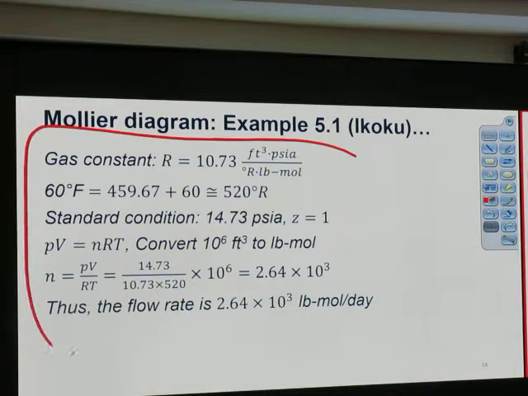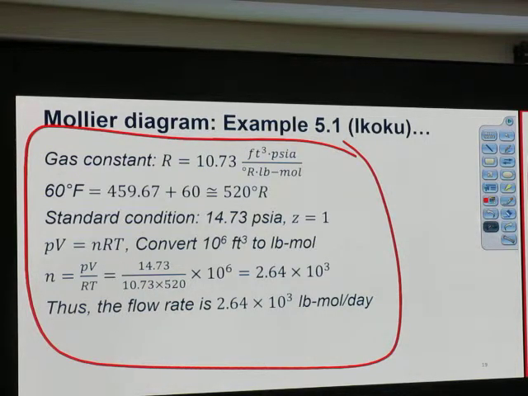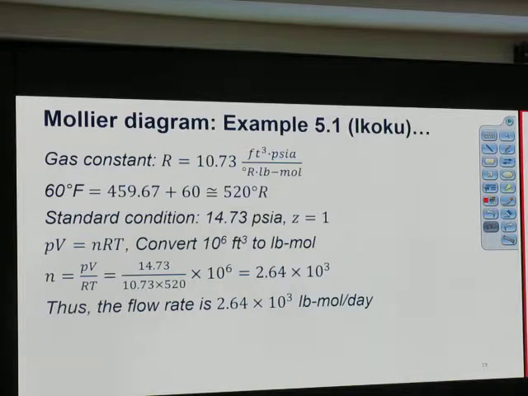This part is about how to do the conversion from flow rate, million standard cubic foot, to pound mole. Standard condition uses 60 F, so it's 520 Rankine. There are several values of the R constant, but I select the one so that the units become consistent.